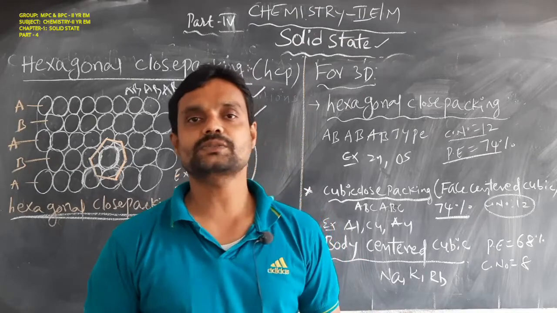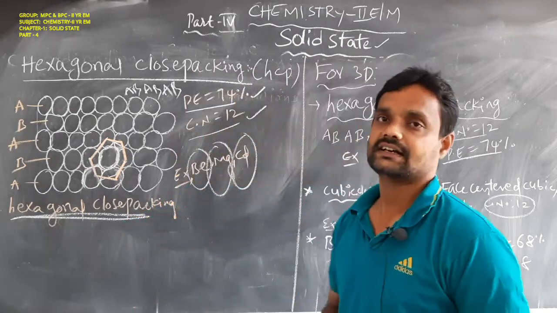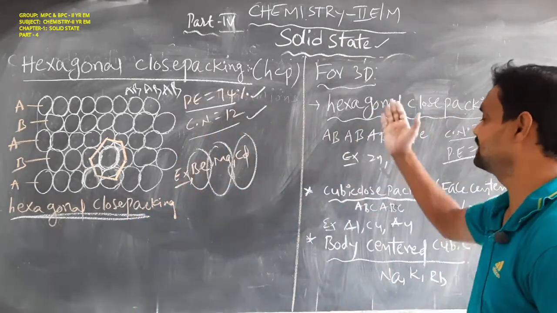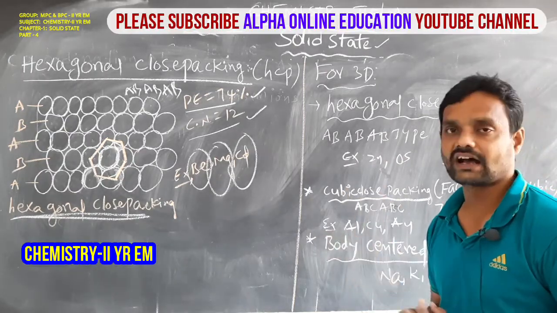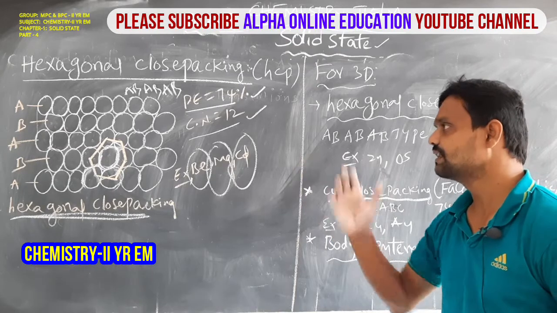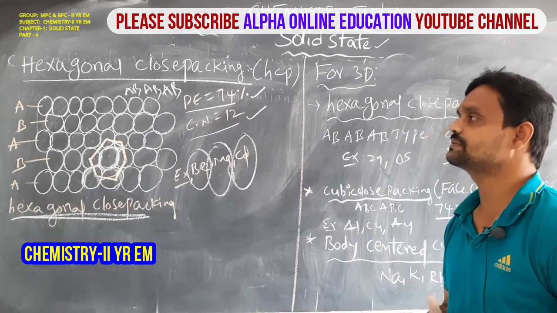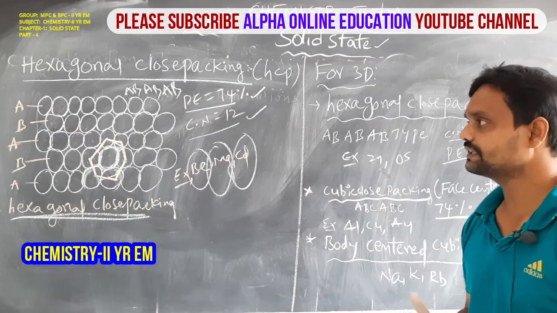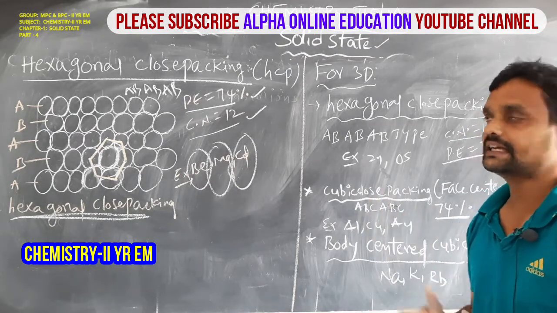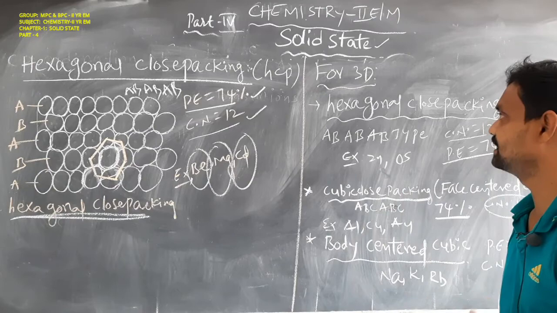So this is the close packing in solids. Our syllabus is related only to three dimensions, but we have to know how they are arranged. In two dimensions, only two types of close packing arrangement are present: hexagonal close packing and square close packing. In three dimensions, there are three types.